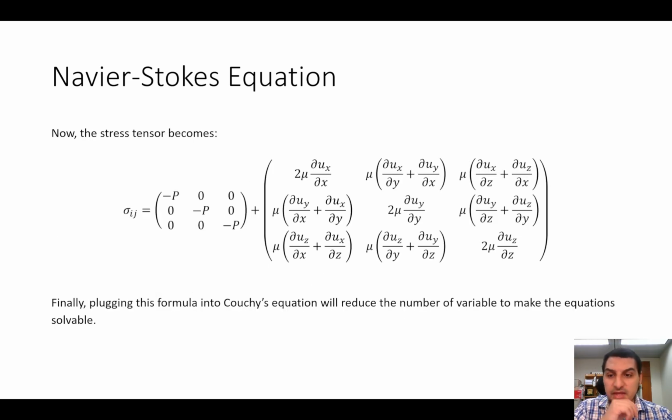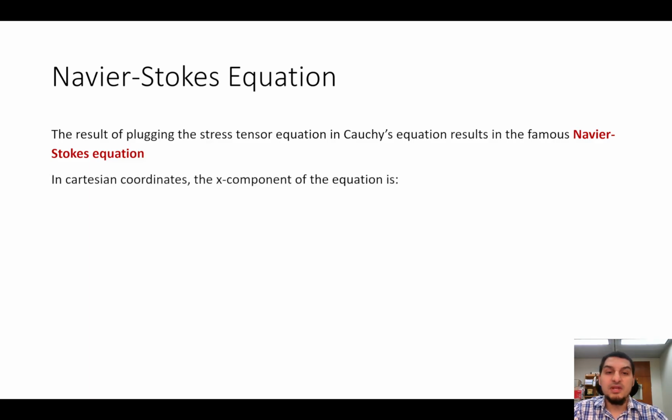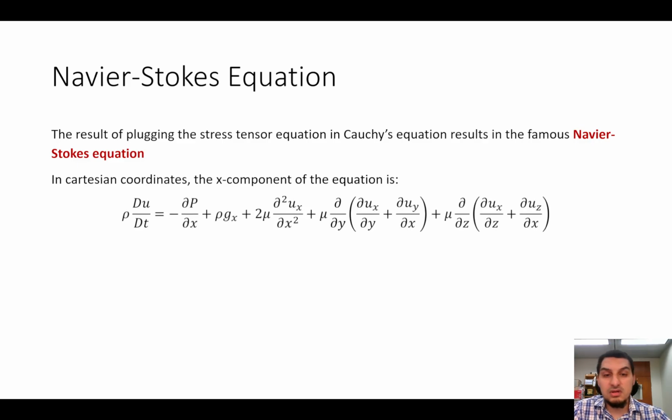Now sigma ij is going to be the normal stress plus the shear stress, and by putting everything together, we will reach a very, very famous equation called the Navier Stokes equation. The Navier Stokes equation is a special case of Cauchy's equation in case of Newtonian fluid, incompressible flow with constant properties, or at constant temperature.